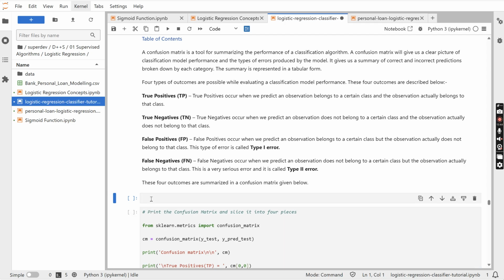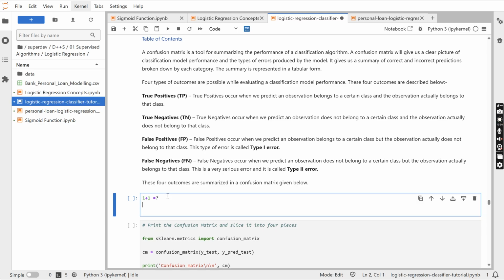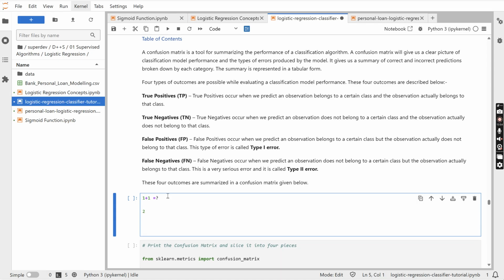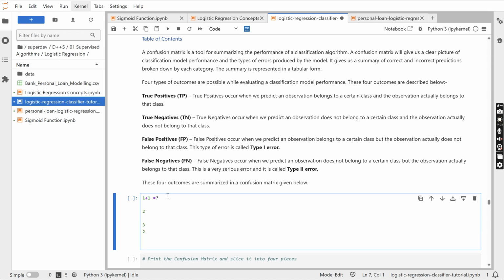Now, the model might predict 3 or it might predict 2. How many times it has correctly predicted 2, divided by the total number of times it has predicted, will give you accuracy.